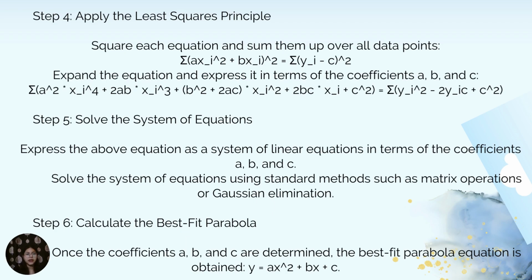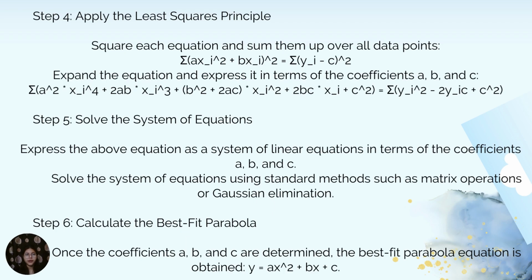Summation of a square times xi to the power 4 plus 2ab times xi to the power 3 plus b square plus 2ac times xi to the power 2 and 2bc times xi plus c square is equal to summation of yi square minus 2 yi c plus c square.